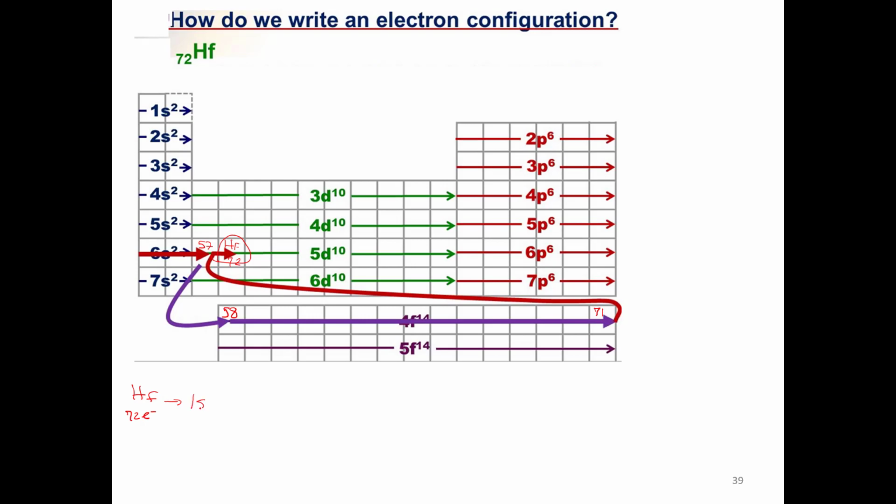Then we had 1s2, 2s2, 2p6, 3s2, 3p6, 4s2, and we need to move to 3d10, 4p6, and 5s2, 4d10, 5p6, 6s2.